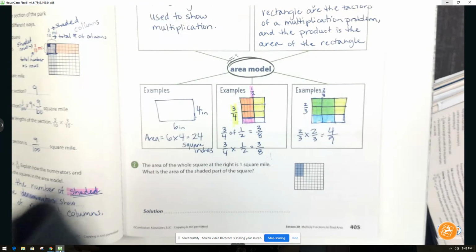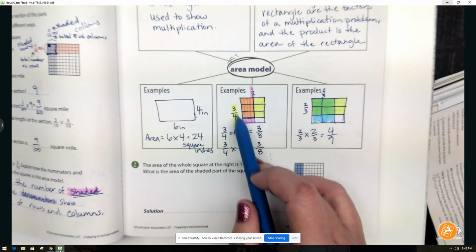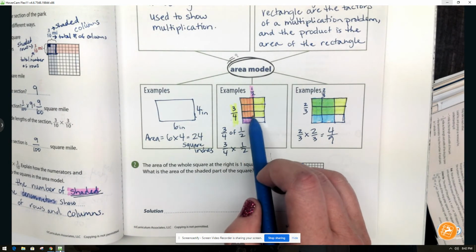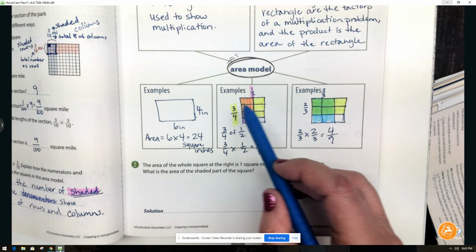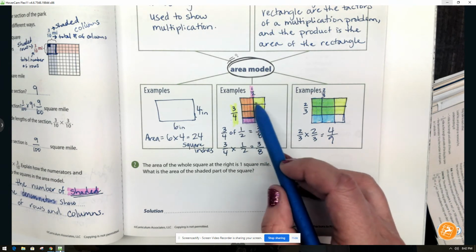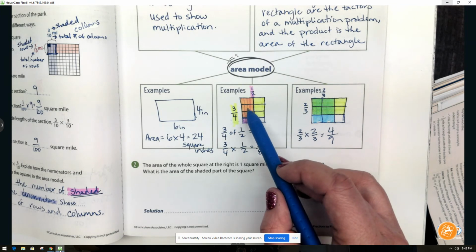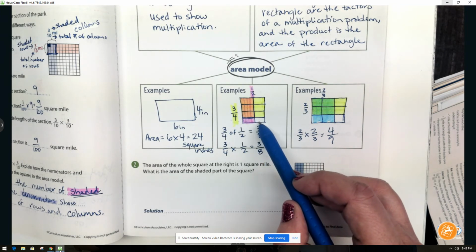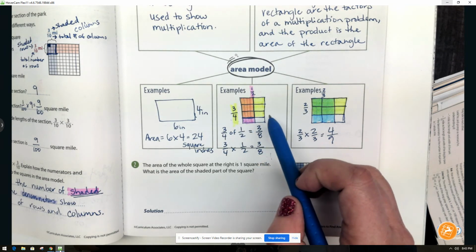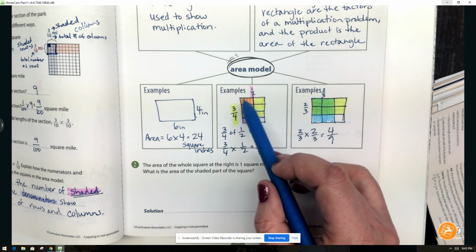The way that we find our product looking at an area model is the overlap, in this case, which is 1, 2, 3. The overlap is our numerator. The denominator is the total number of equal parts in the whole rectangle. We have to count all of the parts in the whole.